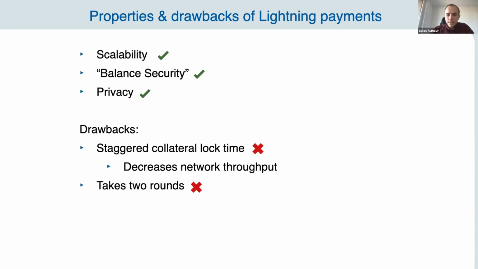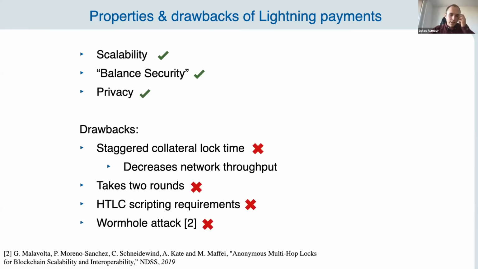Another thing is that, as I mentioned, this scheme takes 2 rounds of communication. Additionally, we require HTLC scripting to be supported in the underlying blockchain. And finally, these types of payments are susceptible to the wormhole attack, which is an attack in which honest intermediaries are cheated out of their fees.